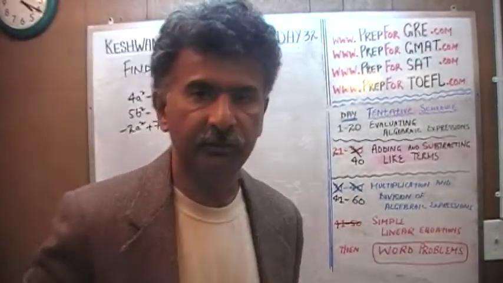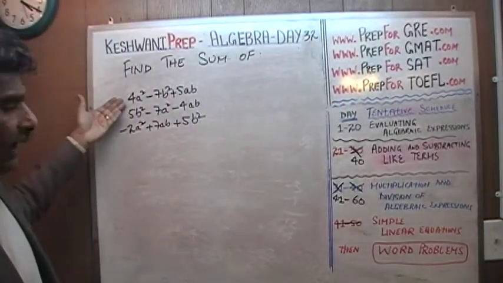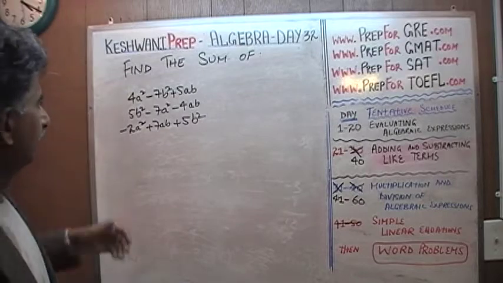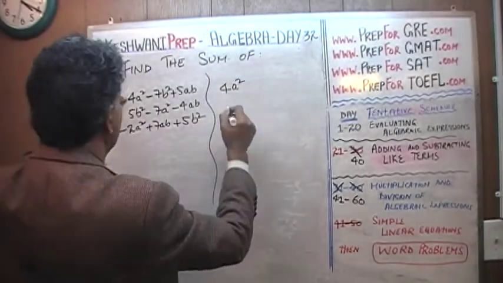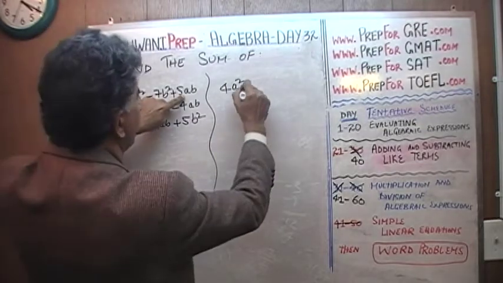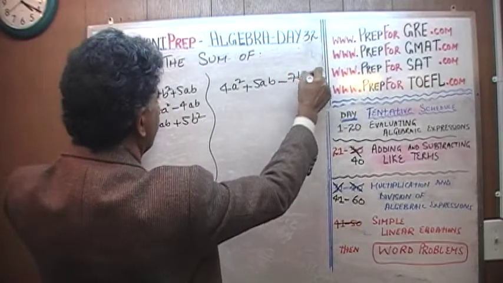Again, the way they are written, they cannot be added up because like terms are not lined up. You cannot add a squared to b squared. So let's line them up properly. So we have 4a squared plus 5ab minus 7b squared.